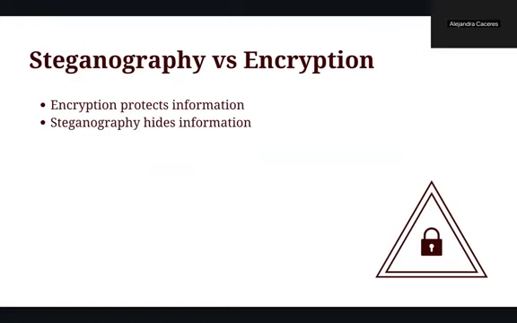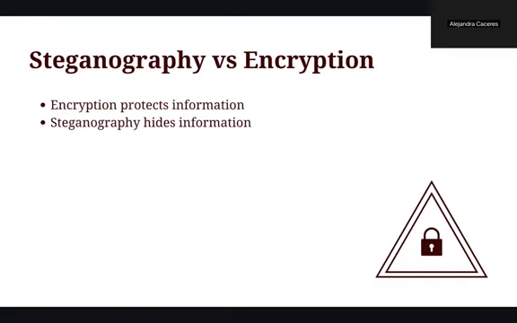I'm sure many of you are familiar with encryption. Encryption is a process of transforming human readable data into something that is unreadable and can be retrieved only by authorized parties using a cryptographic key.